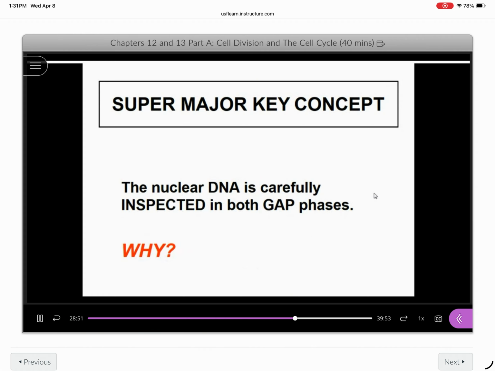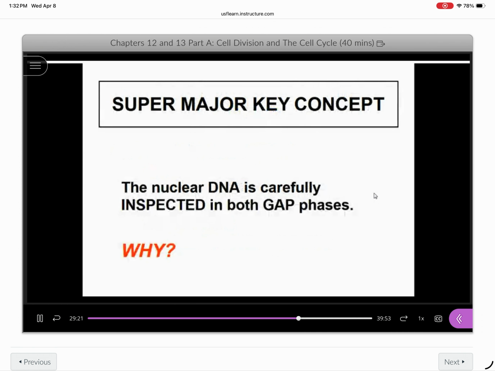Let's say you go from G1 to S. You do replication. Then the damage can become a permanent change in the DNA sequence. There's a name for a permanent change in DNA, and that's called mutation.